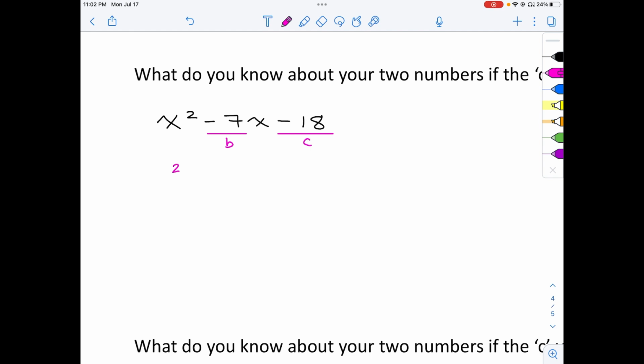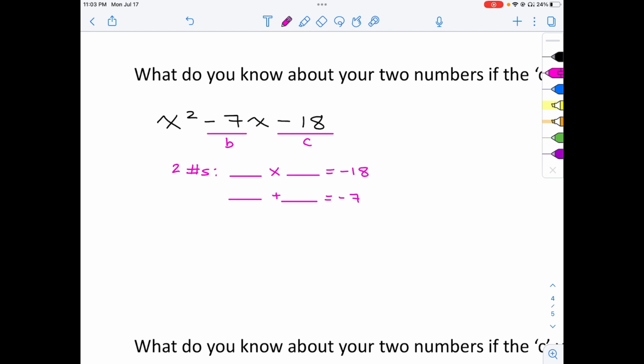Okay, so I need to find two numbers that would multiply, so something times something to give me negative 18, and then add, so something plus something to give me negative 7.